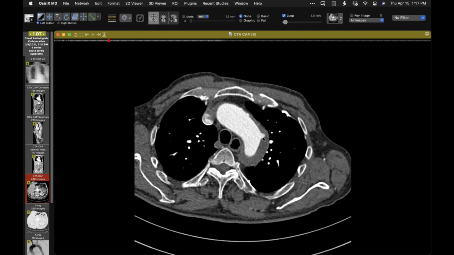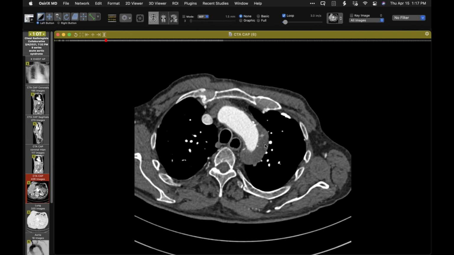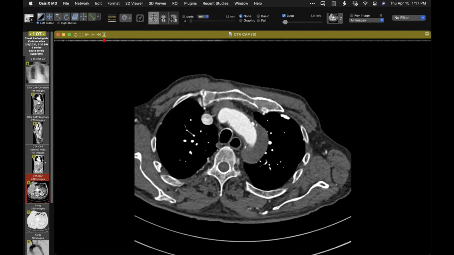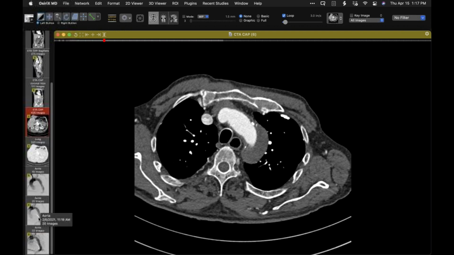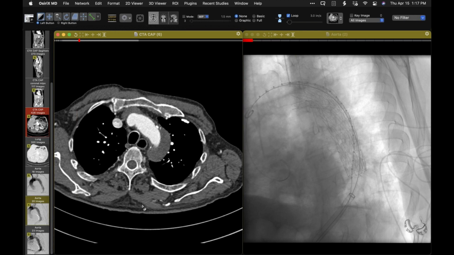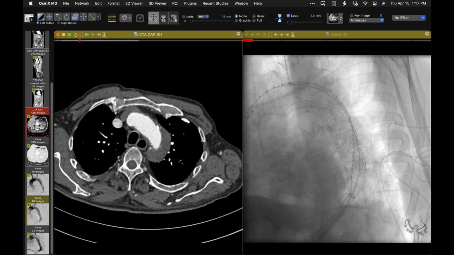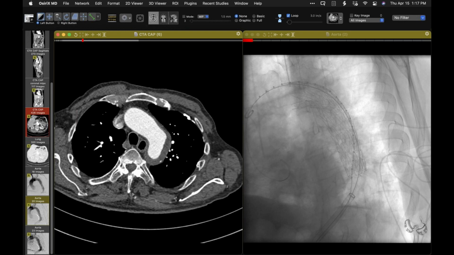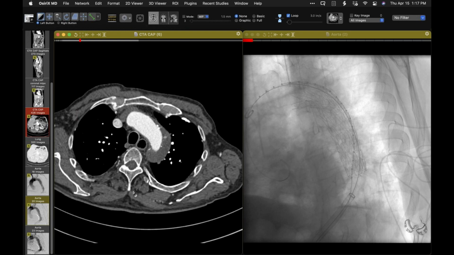Now, granted, they're probably influenced by this and by this, but in my own mind, I'm not certain that this is a new penetrating atherosclerotic ulcer with intramural hematoma. I think this is very likely related to the history of the type B dissection. The patient had an episode of chest pain, but apparently it wasn't severe, and he took himself off to hospital.